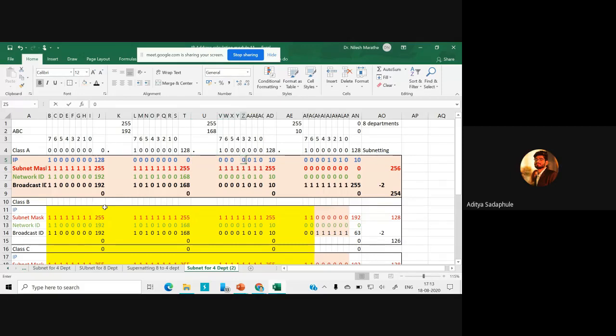Yes, sir. So class A, whenever we talk about it, starts from 000 and ends at this one. In class B, we make the first bit 1. Is that correct? Hello? First two bits make it 1. All other bits are 0.